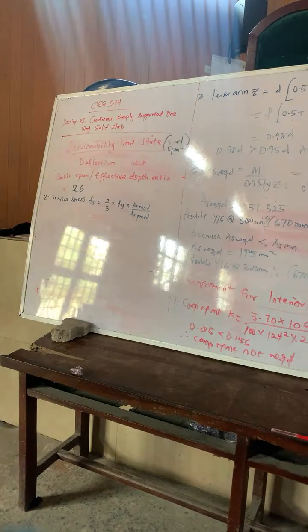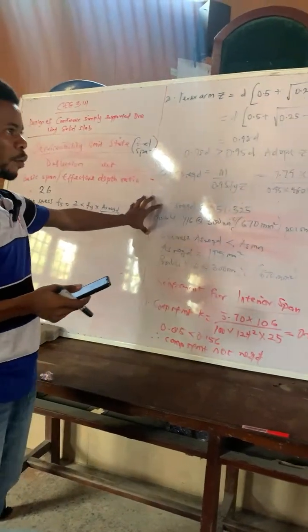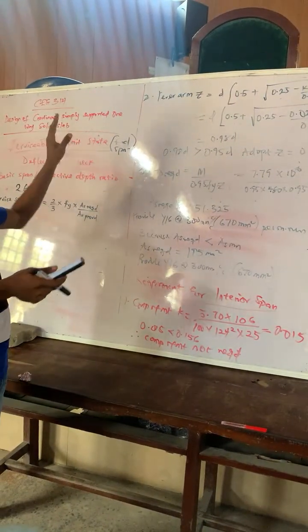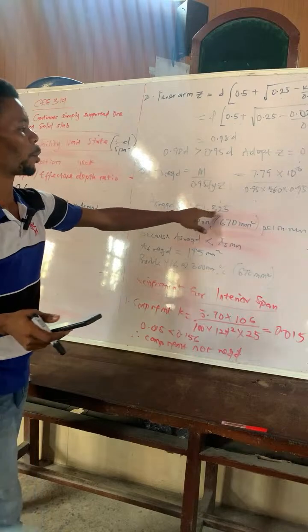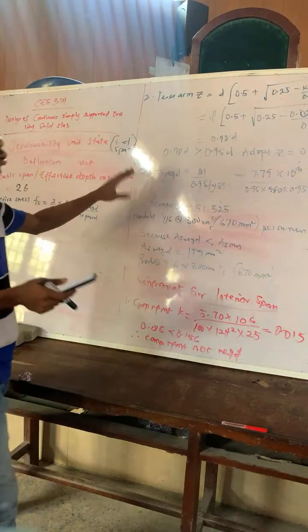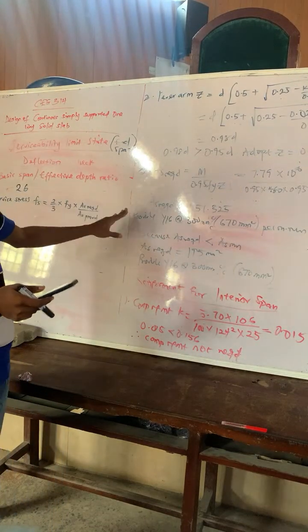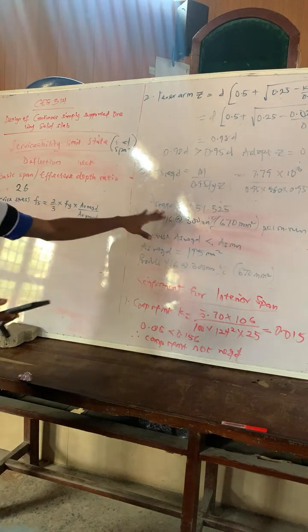Explain how you got the As provided on the table. When you check your reinforcement table, for example, here when we calculated As required, we have 151.325. Then you add 100 mentally, that is 251.325. Then you go to your reinforcement table and check under bar size 16.